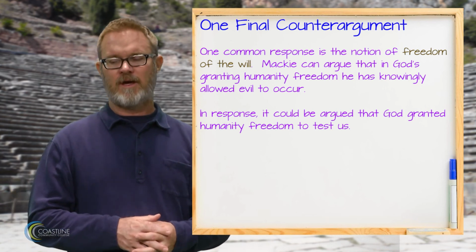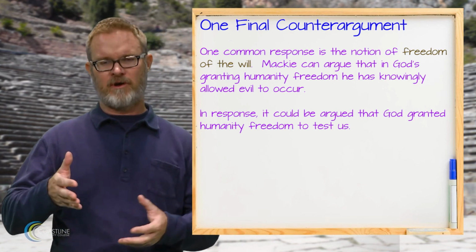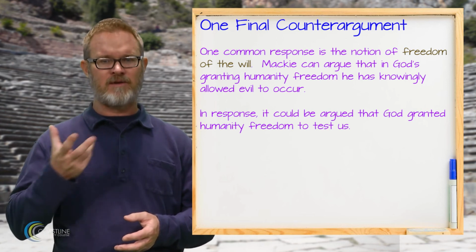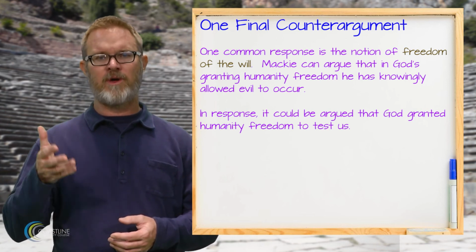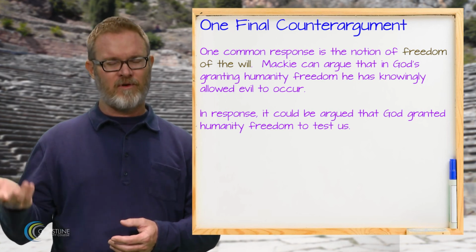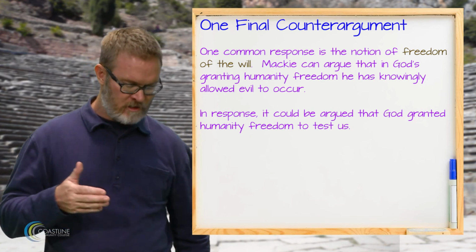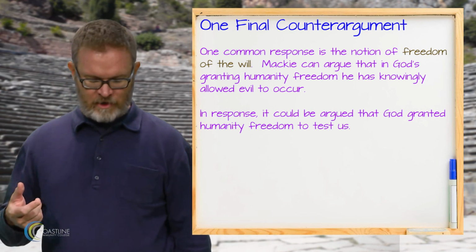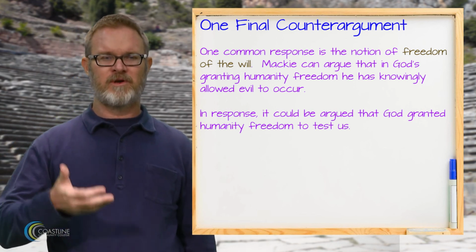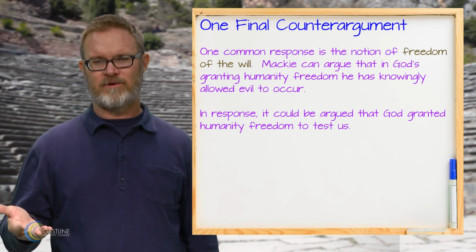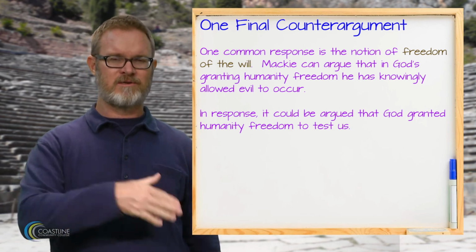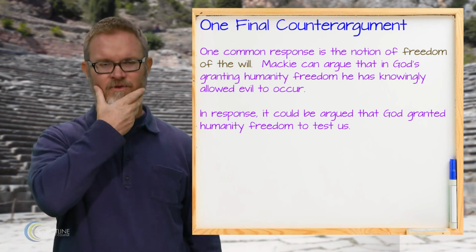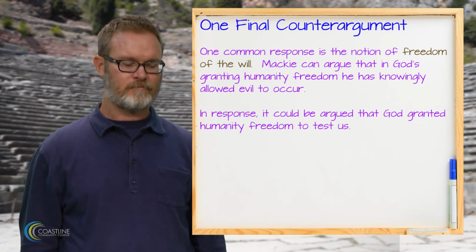And in doing so, the problem that Mackey's going to raise is that, well, look, if he grants us freedom of the will, knowing that human beings are going to commit evil acts, then of course God is essentially not blocking that evil. He's essentially being a part of its creation, which goes against his goodness. So that seems to be a problem.